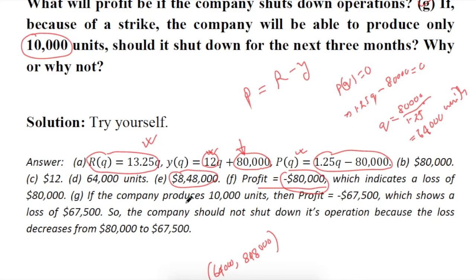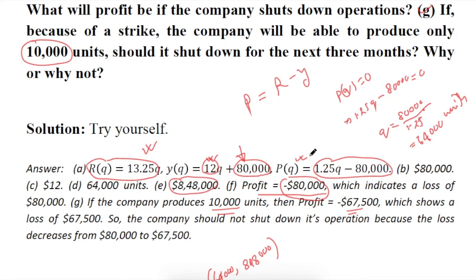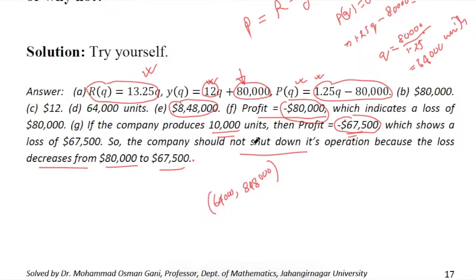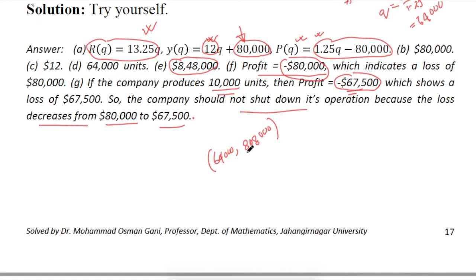But if the company produces 10,000 units, then in the profit function, if you put 10,000, the total profit will be negative 67,500, which indicates a loss of $67,500. So the company should not shut down its operation because the loss decreases from $80,000 to $67,500.